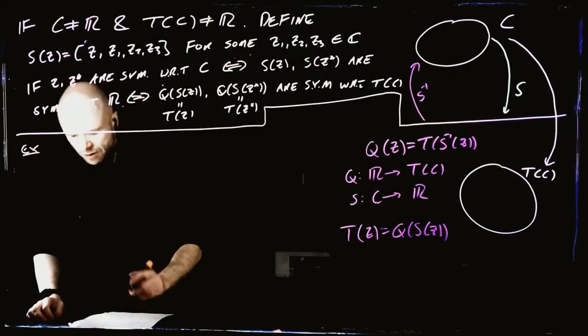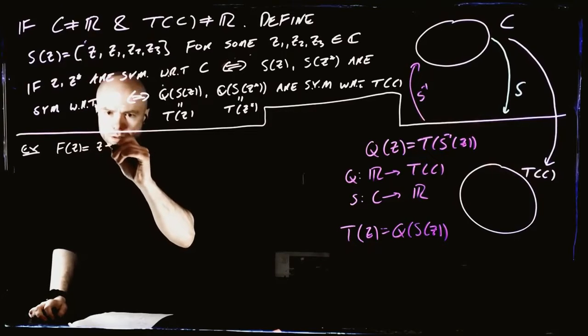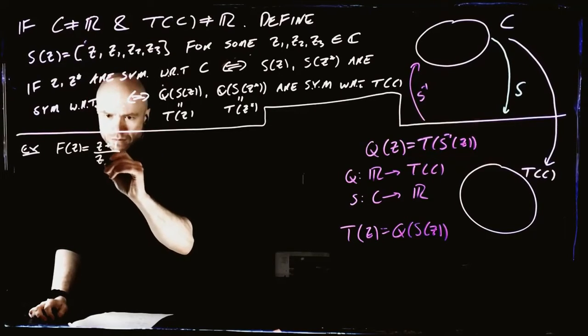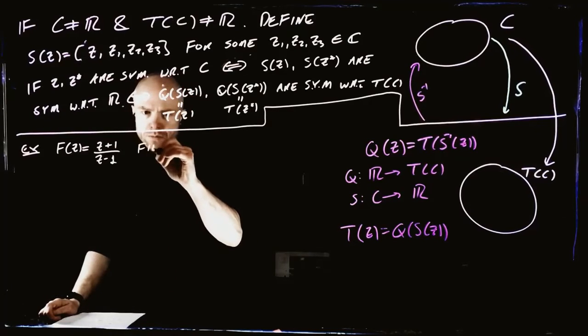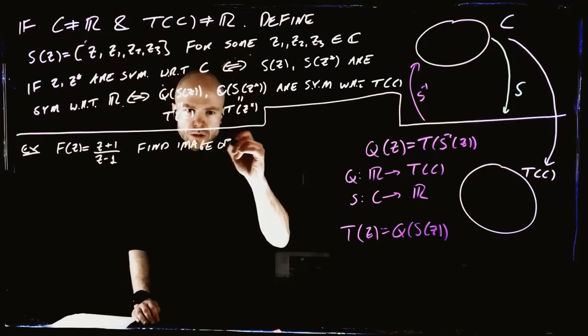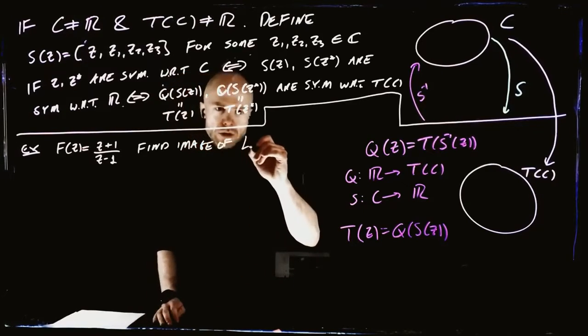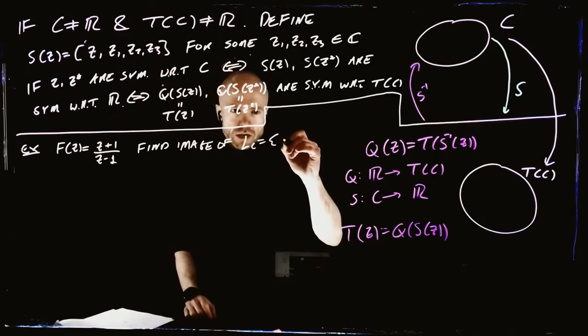Our example. So we're going to take this mapping, and we want to find the image of L of C, which is the imaginary line. So it's this thing.